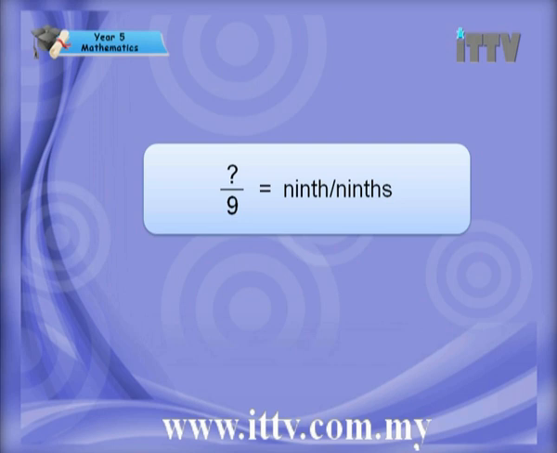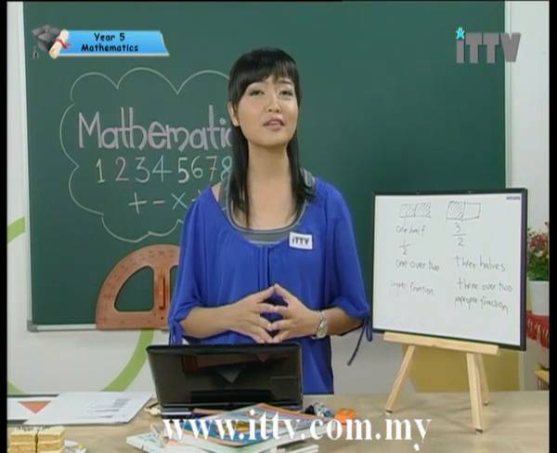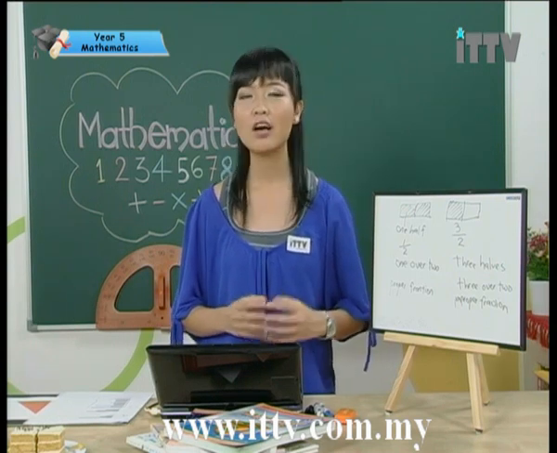If there are 2 pieces of the ninth, you call them 2 ninths. If there are 10 pieces that make up a whole, each piece will then be called a tenth. What about 3 pieces of a tenth? What do you call them? 3 tenths.